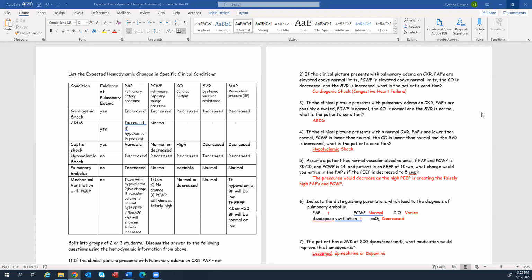Right, the 5th question says, assume a patient has normal vascular volume. Pulmonary artery pressure is 35/15. Pulmonary capillary wedge pressure is 14. And those units are in millimeters of mercury.